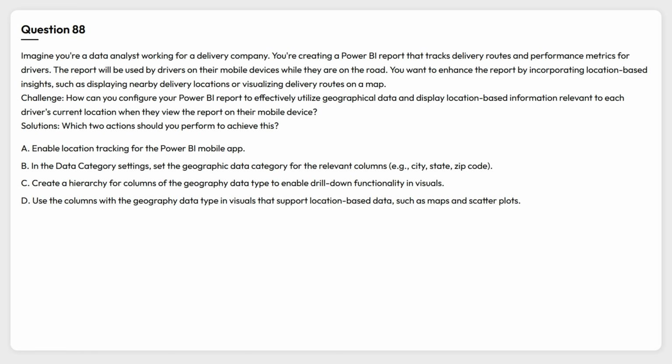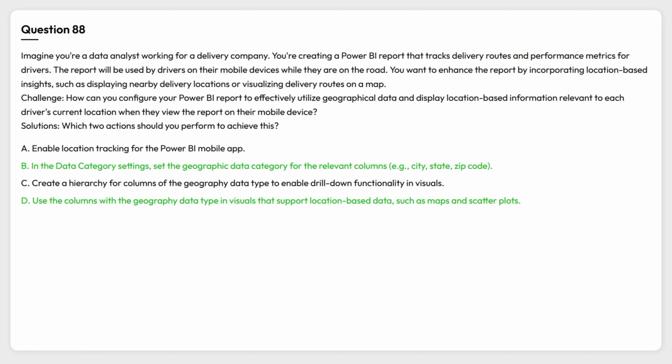Option C: create a hierarchy for columns of the geography data type to enable drill down functionality in visuals. Option D: use the columns with the geography data type in visuals that support location-based data such as maps and scatter plots.